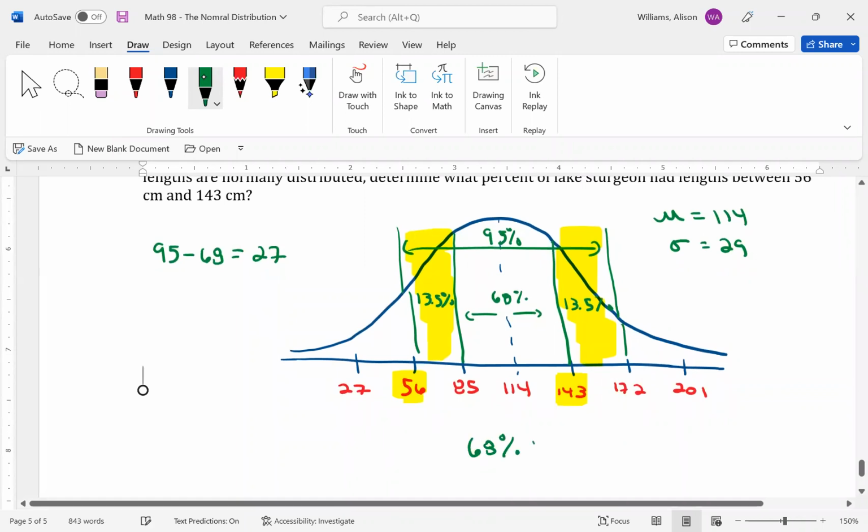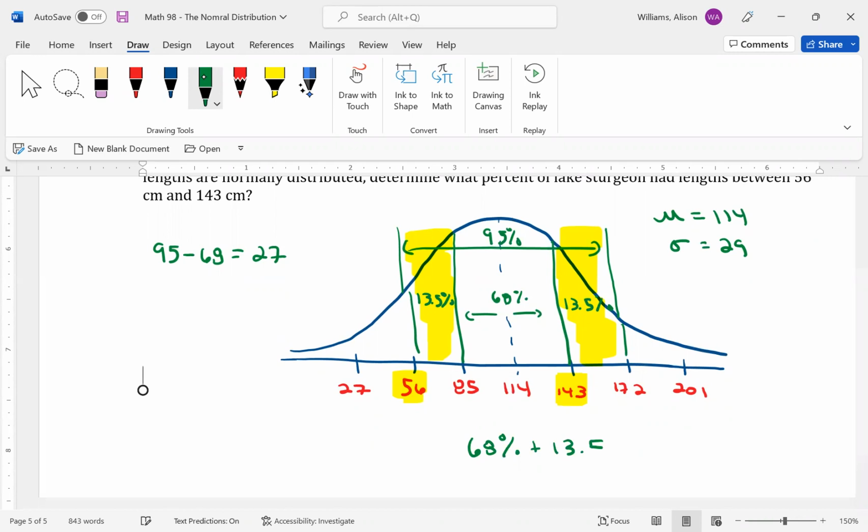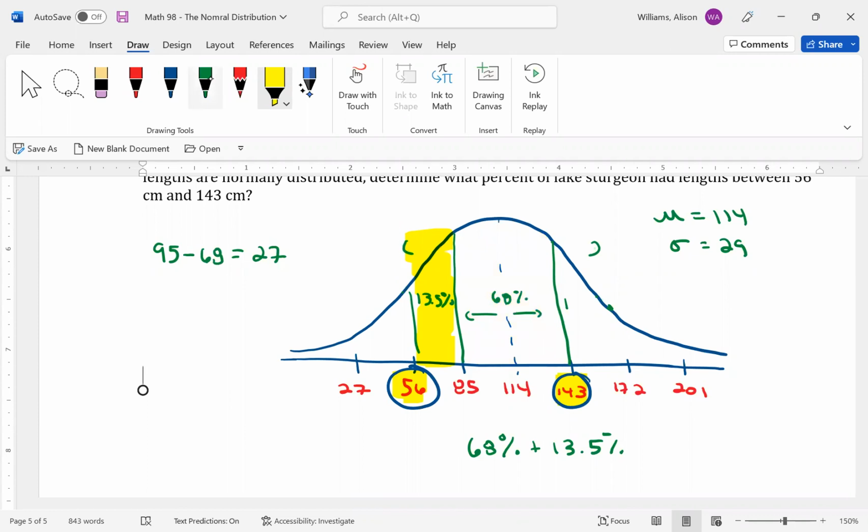So the answer is 68% plus 13.5% because I want to go up to 56, right? 56 is my magic number here, to 143. So it's going to be all of this 68% and this 13.5%. Let me erase all these highlighters so I can visually see that.